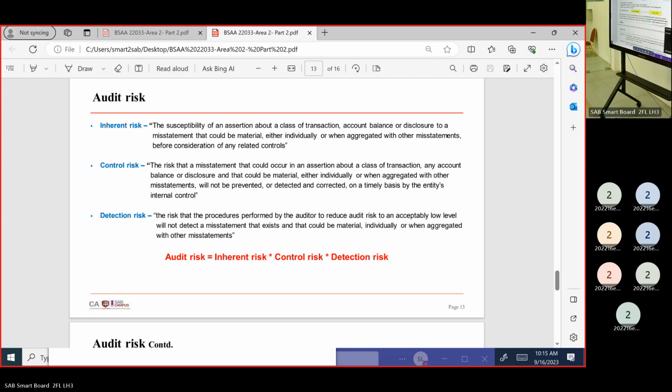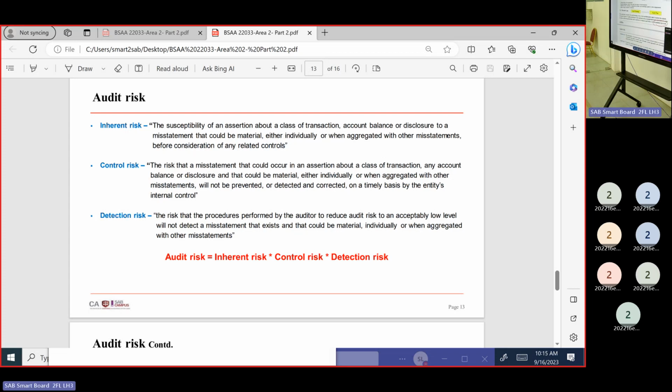Audit risk means, as I discussed, the opinion may be incorrect, right? What are the reasons, what are the aspects that will be impacted? What are the reasons the auditor can be wrong? What are the scenarios in which the auditor may be misled?